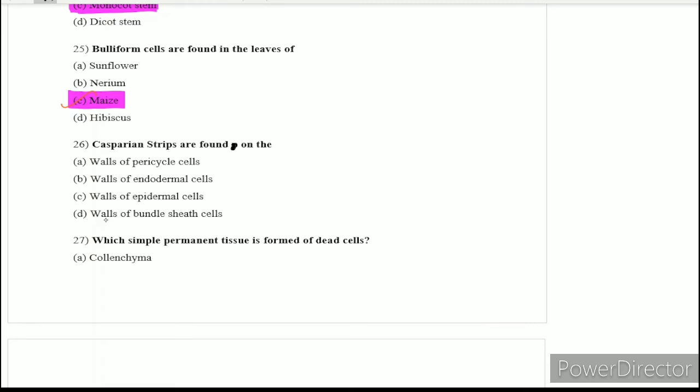And option D, walls of bundle sheath cells. The correct answer is that it is present on the walls of endodermal cells, otherwise called endodermis. Okay. Next question.